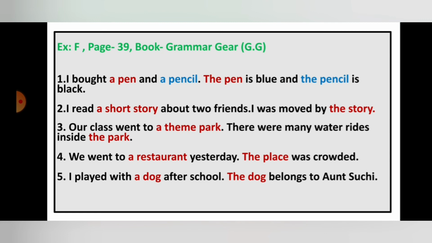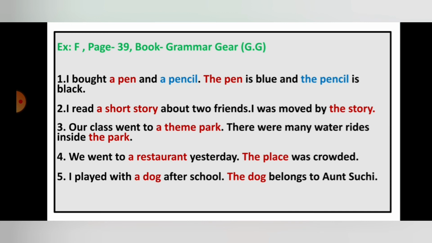Here you can see that a pen and a pencil become the pen and the pencil. So according to our book's instruction, we have to give arrow sign, or we have to draw a line that a pencil becomes the pencil and a pen becomes the pen.